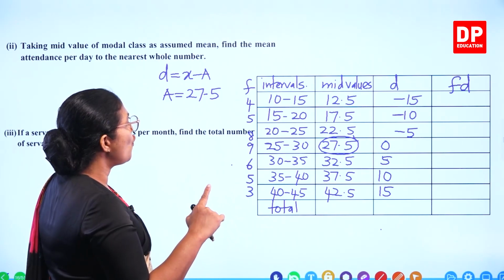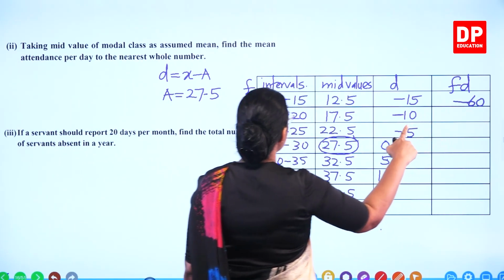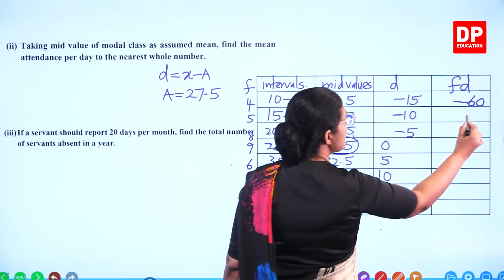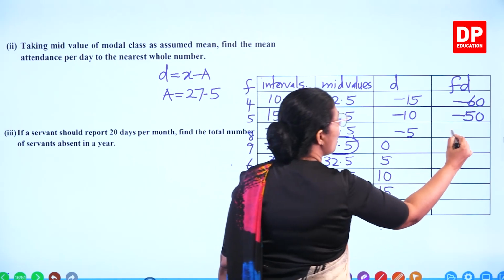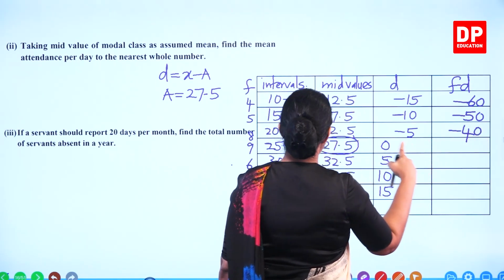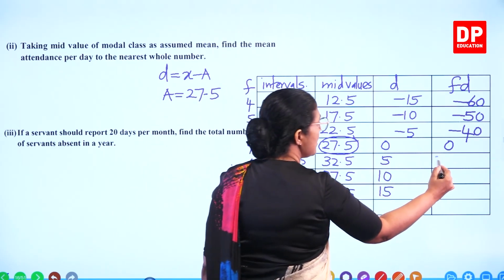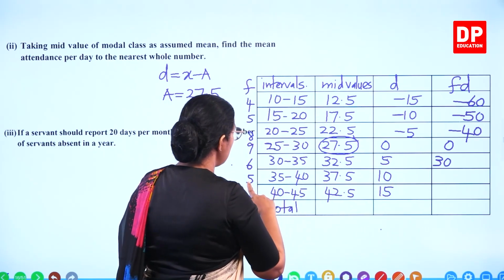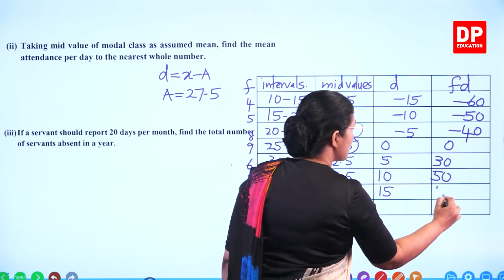Now let's multiply the F value and D. Minus 15 into 4, minus 60. Minus 10 into 5, minus 50. Minus 5 into 8, minus 40. 0 into any number, 0. 5 into 6, 30, plus values. And 10 into 5, 50. And 15 times 3, 45.